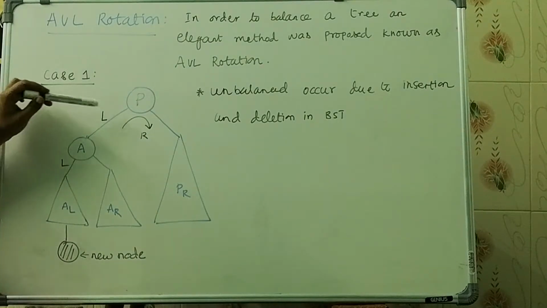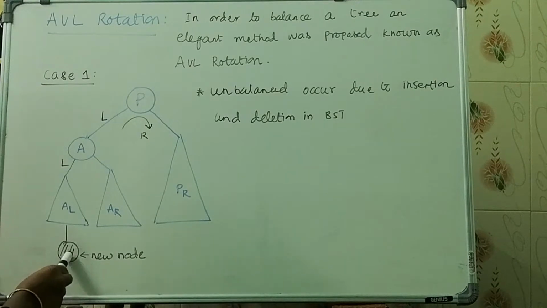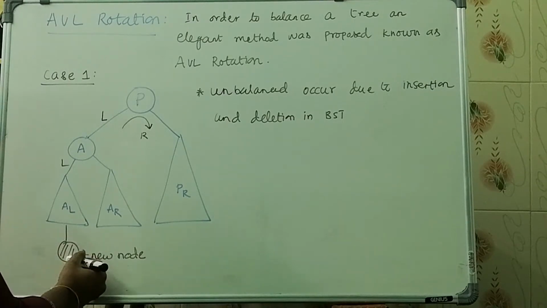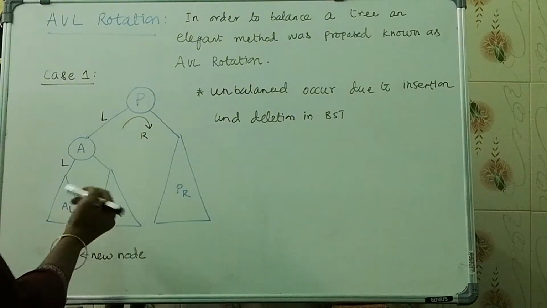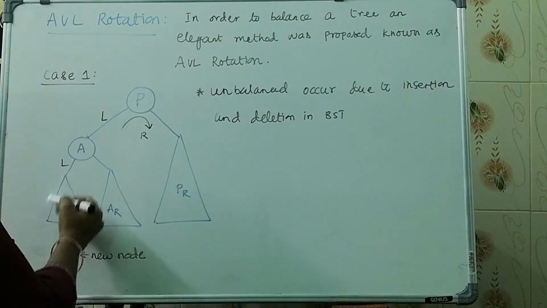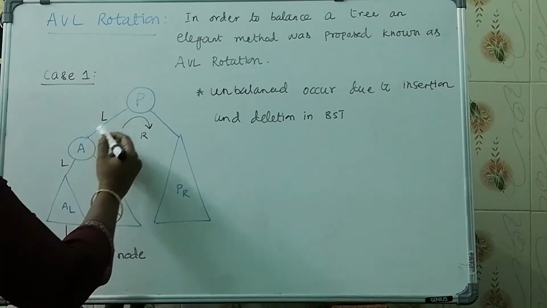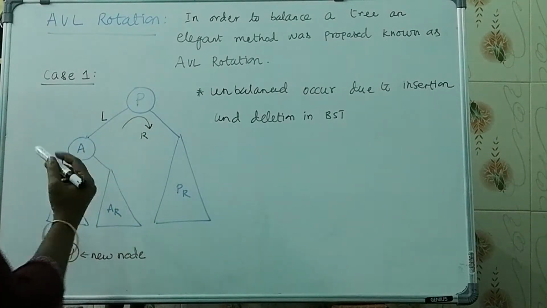Whenever you try to insert a new node, shown in the black color sketch, in this direction, the direction is left of left of an AVL tree. Because of the new node insertion, the balance factor may be affected on this path.